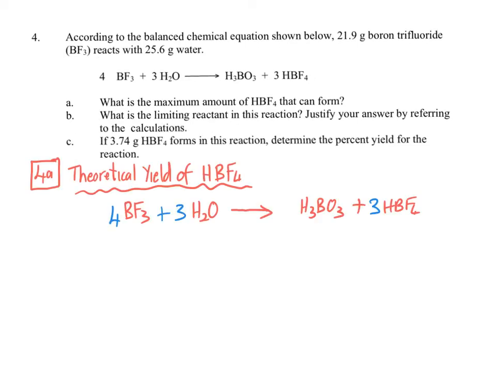So question 4 asks, what is the maximum amount of HBF4 that can form? So in essence what is being asked is, what is the theoretical yield of HBF4? So in order to work this out, we are going to work with the balanced chemical equation, which states that 4 molecules of BF3 need to react with 3 molecules of H2O to produce H3BO3 plus 3 HBF4.